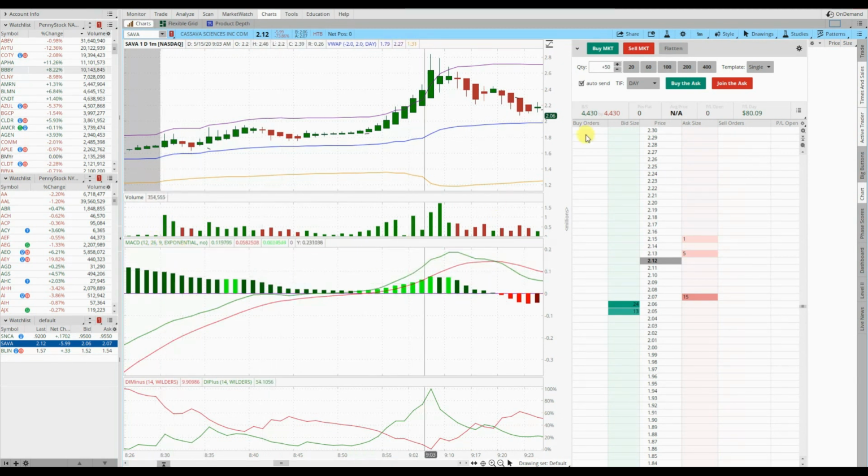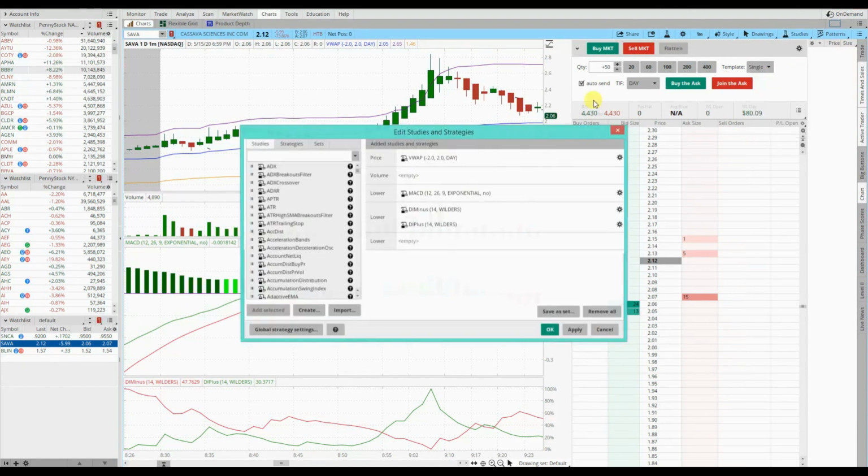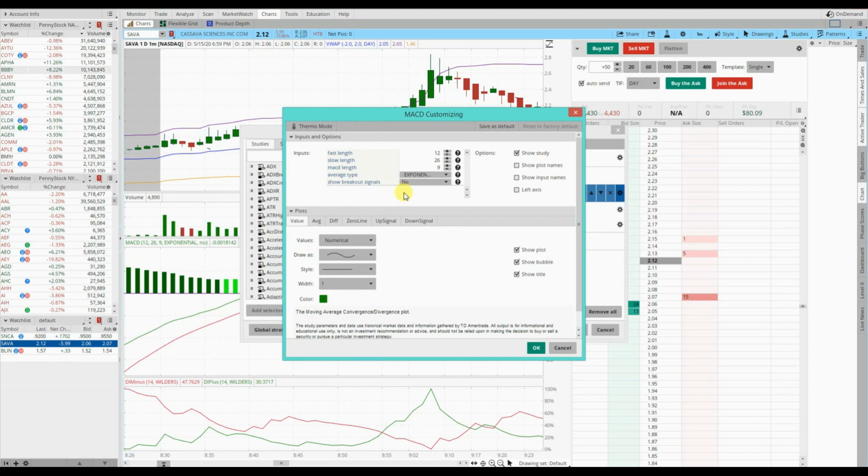So I am going to change that over here in studies, edit studies, MACD, edit, and we're going to do 7 on the fast length. And I don't know what that means, but if I know how to use it, that's all I care about. 14 and 3.